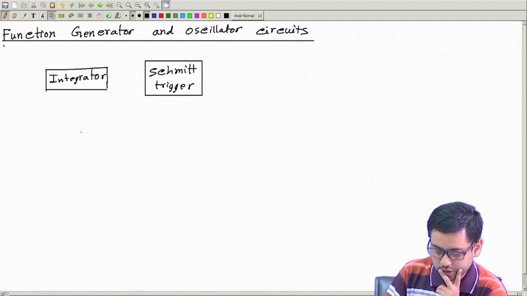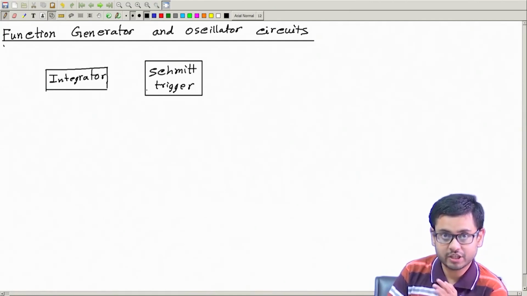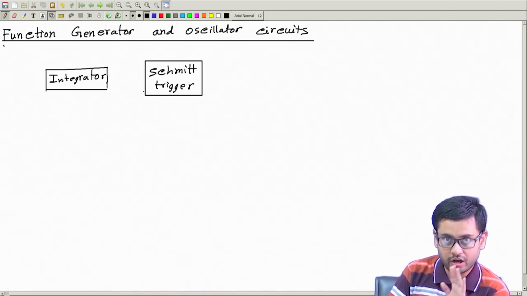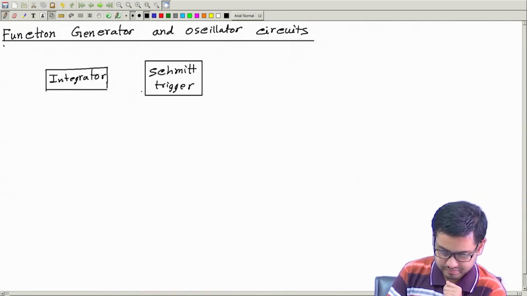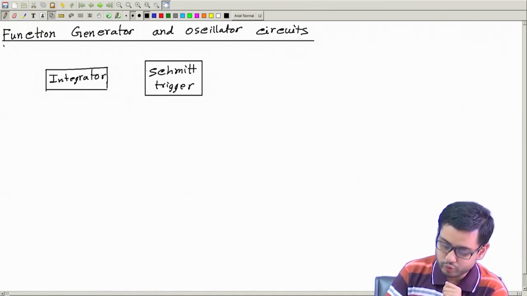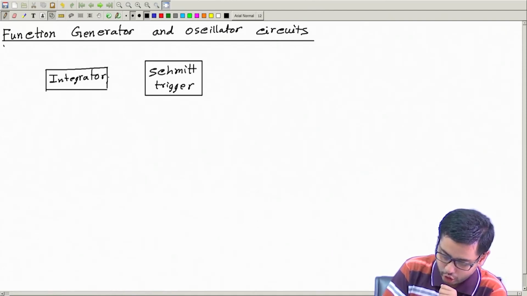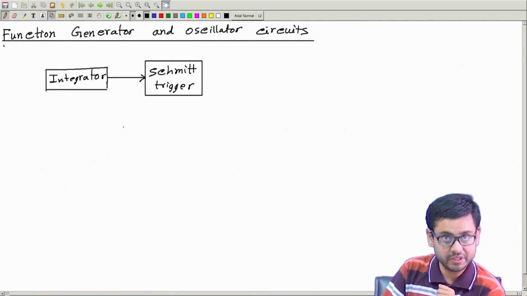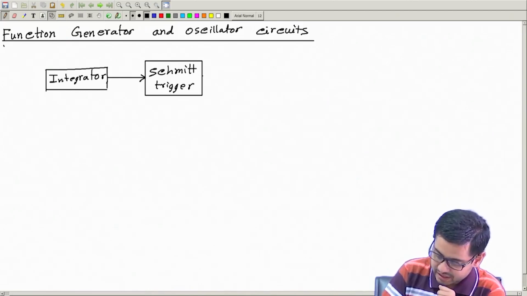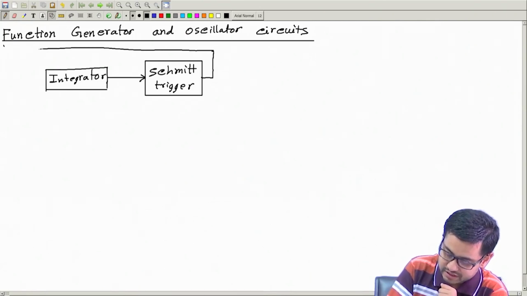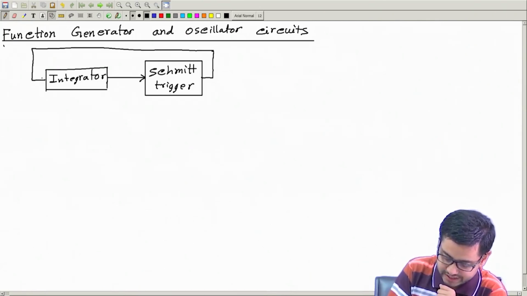Now we will connect them in a way so that it generates a continuously oscillating waveform. The output of the integrator will go to the input of the Schmitt trigger, and the output of the Schmitt trigger will go to the input of the integrator.